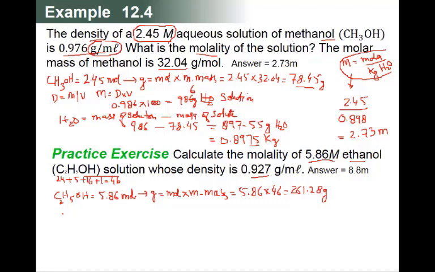The answer is same. So water is equal to the gram of solution minus gram of ethanol C2H5OH.